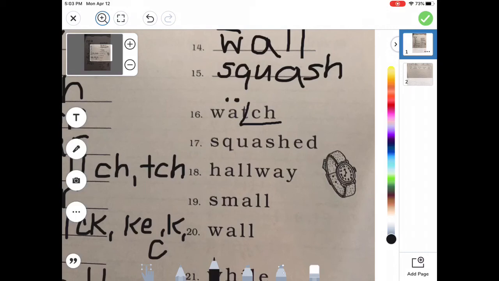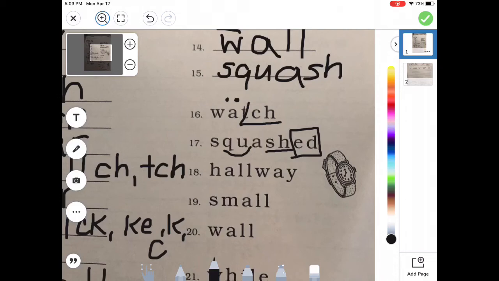All right, on number 17, what do you see that we need to code? That's right, we have that ED ending I need to box off. Then what else? That's right, I see a QU that I need to put together as a combination, and I see digraph SH that I need to underline. Now look though, I have an A behind that QU.